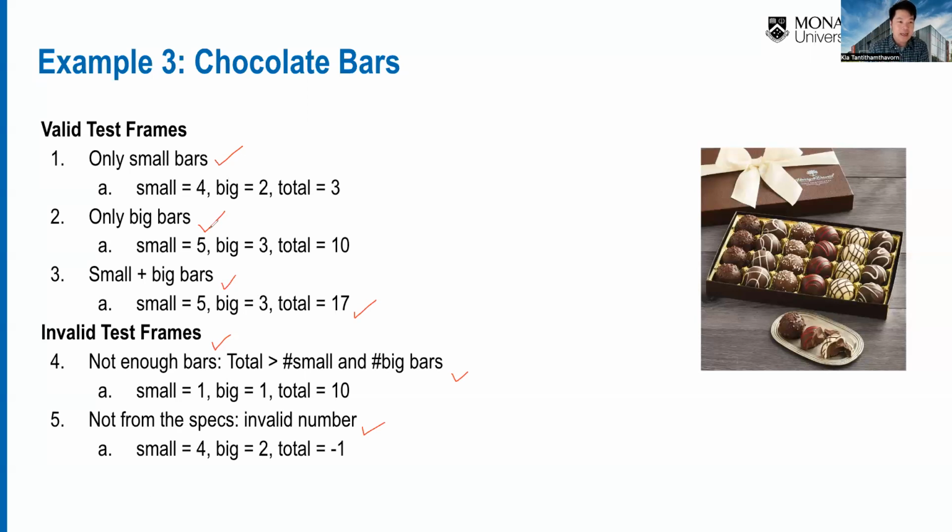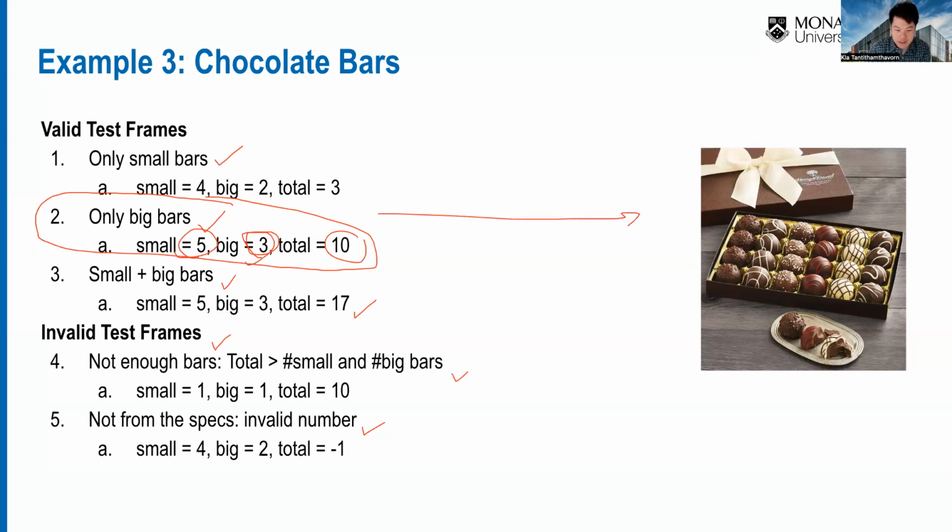Let's take a look at the only big bars case. Everyone is following me, right? Let's try to expand this one. We want to make 10 kilograms. We have enough, and we have a lot of small bars as well.